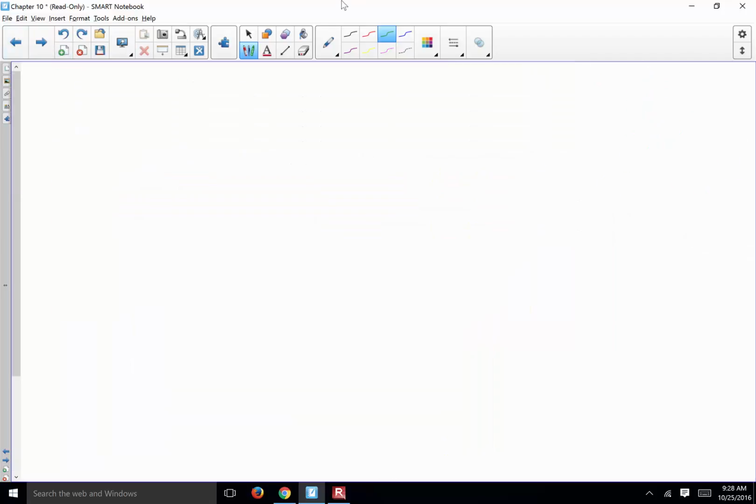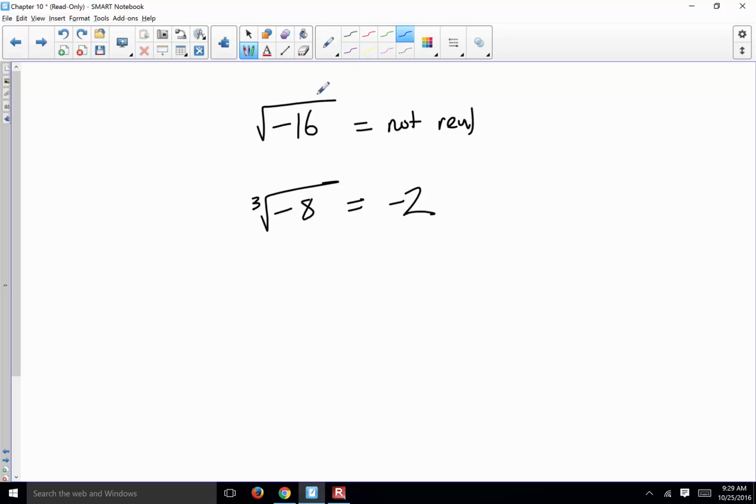Alright, now you'll be shocked. I told you, you cannot get the square root of minus 16. If you have a negative number, this is not a real number. Not real. Right? But now you're seeing that somebody evaluated this as a number and put minus 2. How come? I thought if we have a negative sign inside, it's always not real. No. The not real case is true if the index is 2, 4, 6, 8. What kind of numbers are these?